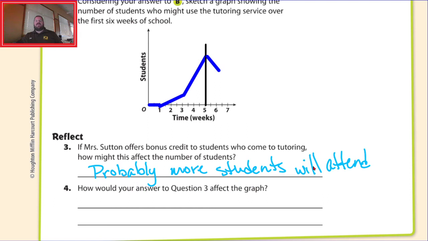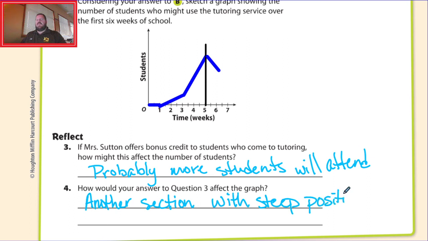Then how would your answer to question 3 affect the graph? I would say another section with a steep, I'm going to be a little bit more specific, a steep positive slope. Okay.